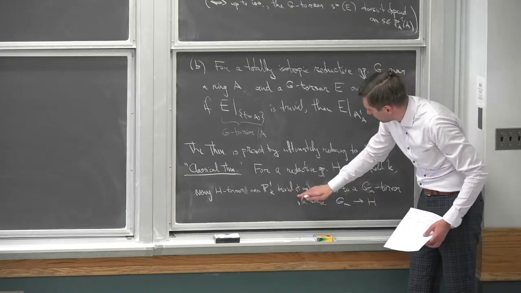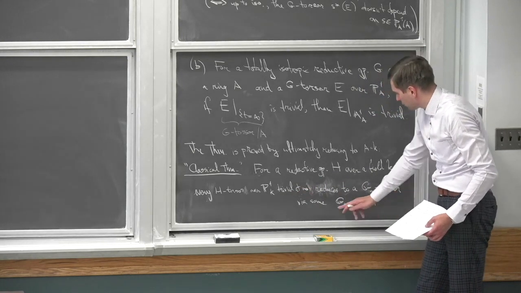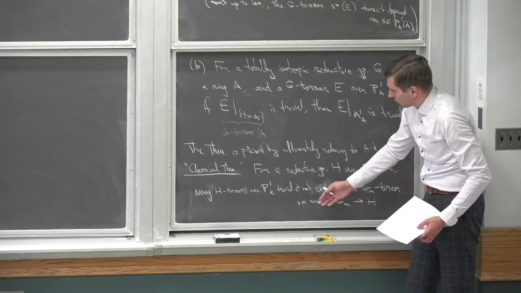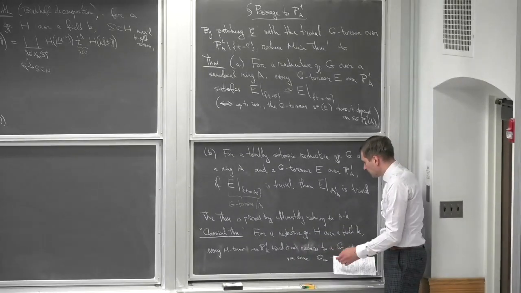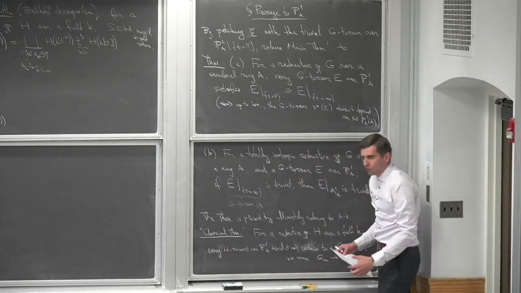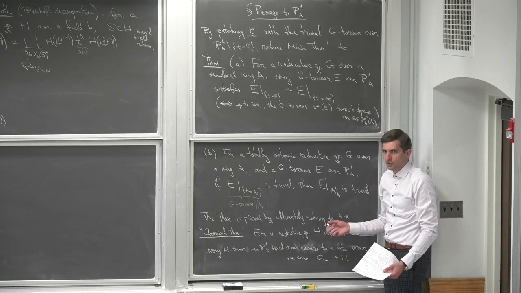Like the triviality at infinity at the single k-point is necessary for a torsor to reduce to a line bundle. And what this is saying is that it's actually sufficient. So just as an example, imagine that H is GL_n. Grothendieck's theorem says that any vector bundle on P1 is a direct sum of O(n)'s, right?